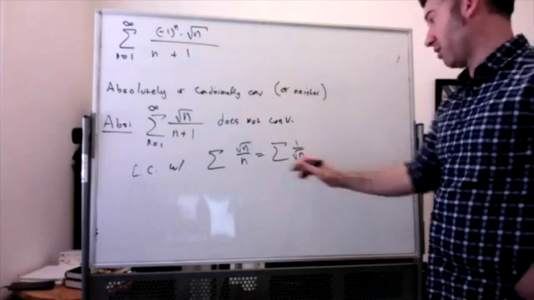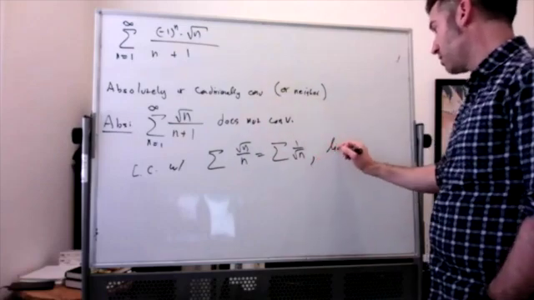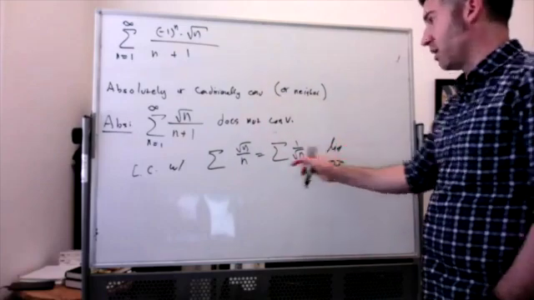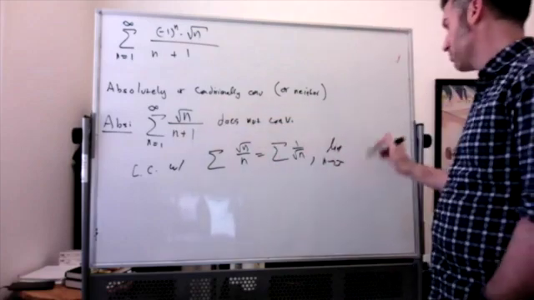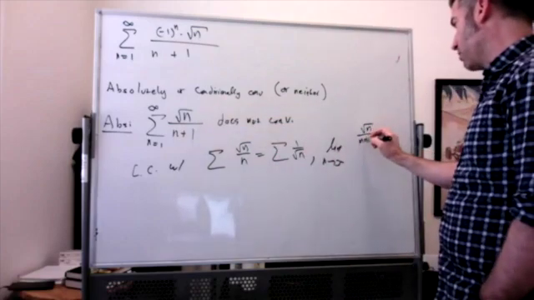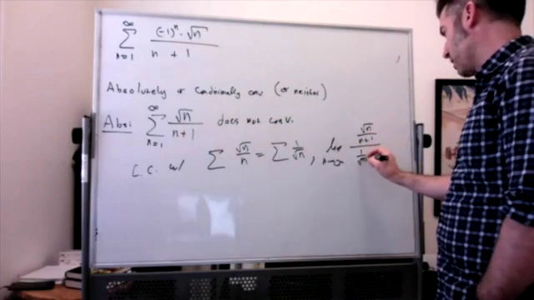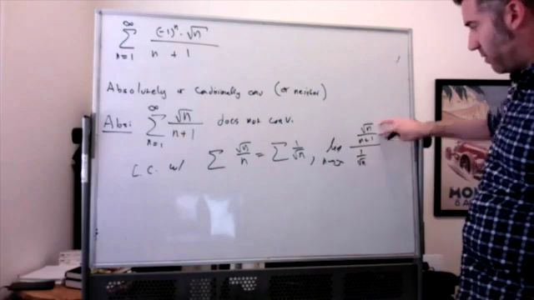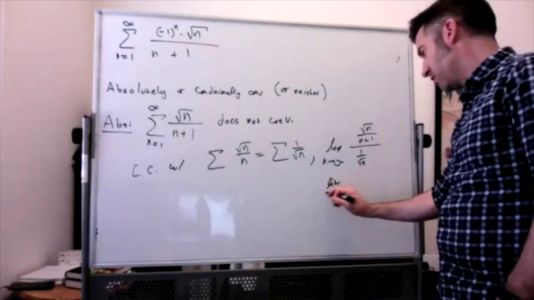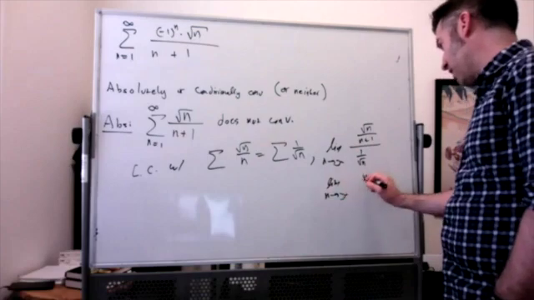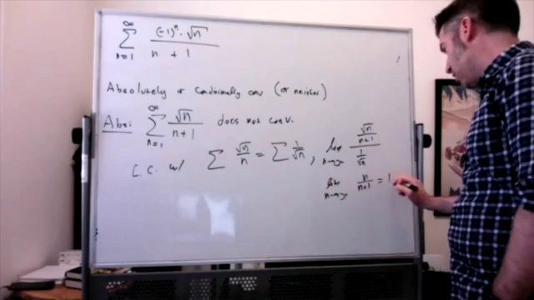And if I do the limit comparison, the limit as n goes to infinity of this one over this one, square root of n over n plus 1 over 1 over root n. If I simplify this, I'm going to flip and multiply. I get the limit as n goes to infinity of n over n plus 1, which is 1.